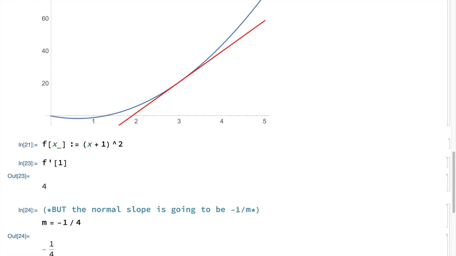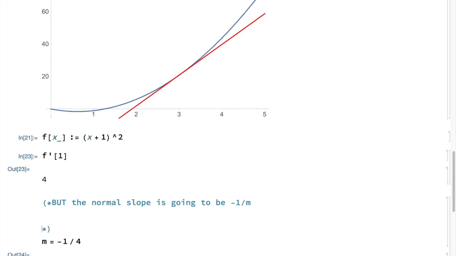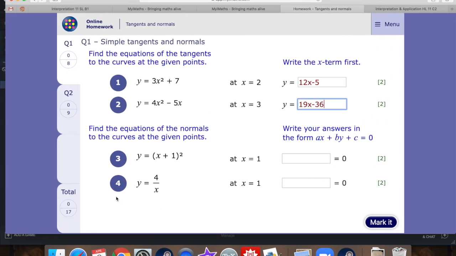Now that I have that, all I need to do is use point slope form again. So on the left-hand side, I'll have negative 1 over 4, and this is equal to y minus y1 divided by x minus x1 for some point x1, y1. So I need some point on that curve. How about I use this one?